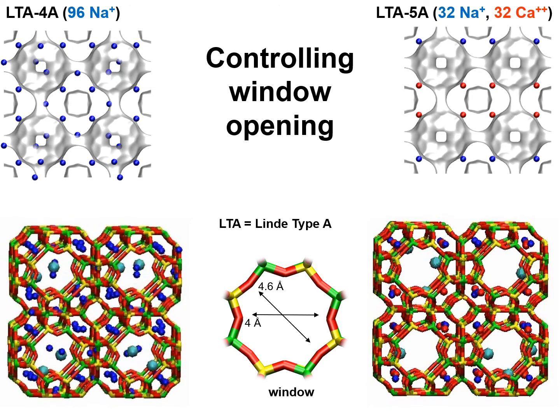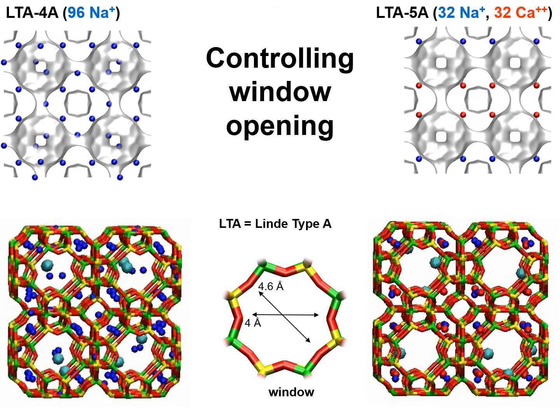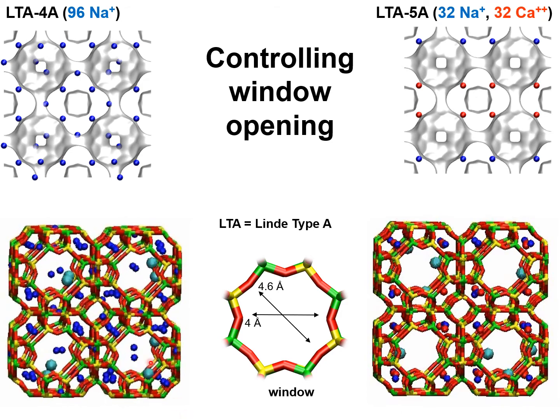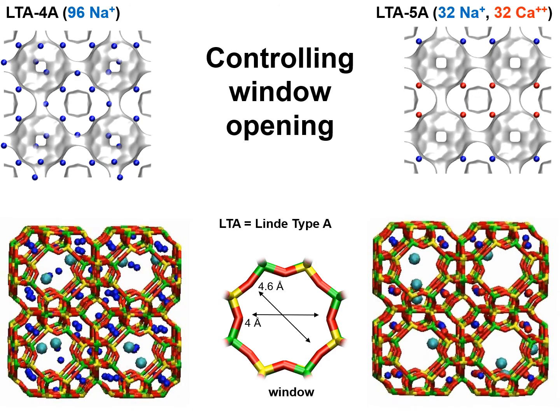The blue spheres are the extra framework sodium cations, and the green spheres are methane molecules. These are the window regions, and we see that the window regions are occupied by the extra framework cations that appear to hinder the intercage transport of methane.